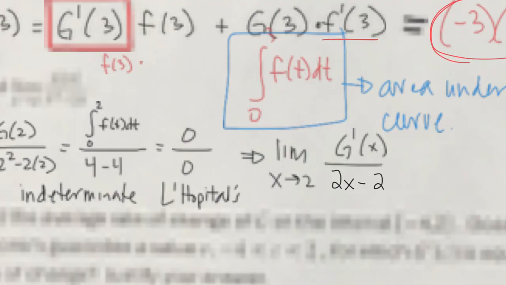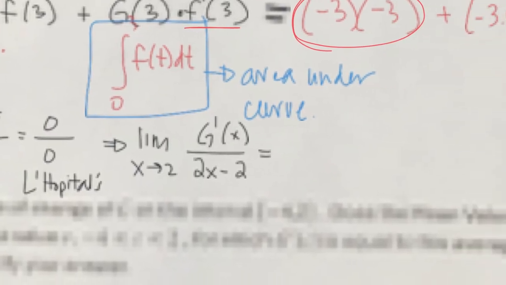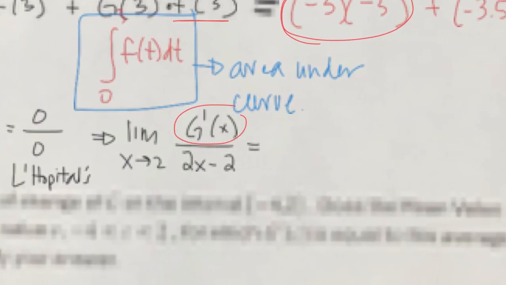Very good. So remember, from our second fundamental theorem, what is g prime equal to? F of, in this case, because we're going to 2, f of 2. Okay, g prime is equal to f of 2. Over 2 times 2, which is 4. 4 minus 2, we have a denominator of 2.